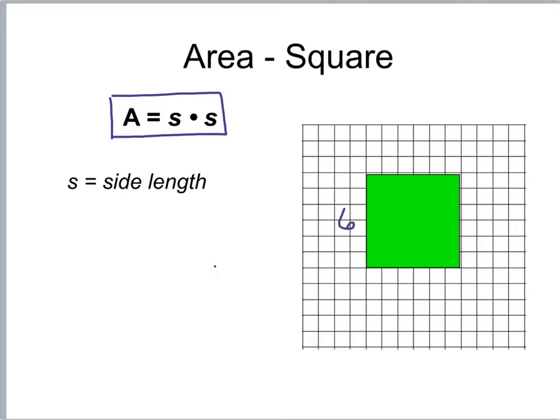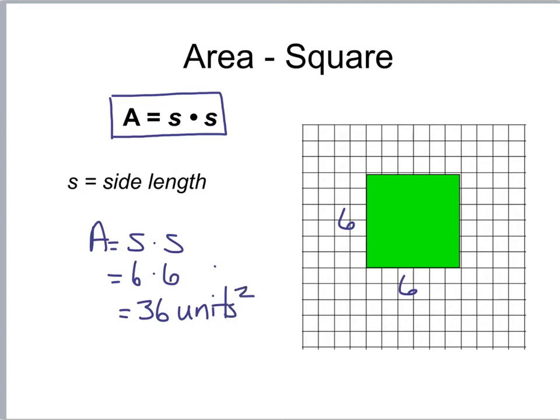So each side is 6 units. So to calculate the area, the area is the side times the side, which is going to be 6 times 6, and 6 times 6 is 36. And because I don't have a unit of measure there, I'm going to put 36 units squared.